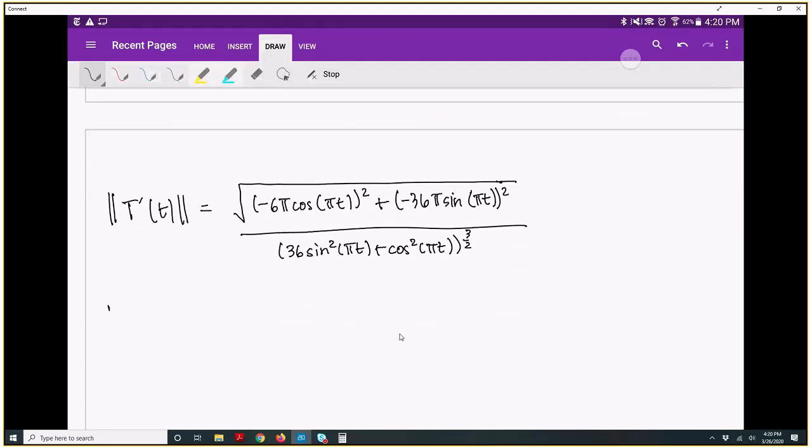The magnitude of R prime, we already used a little bit earlier in the problem.